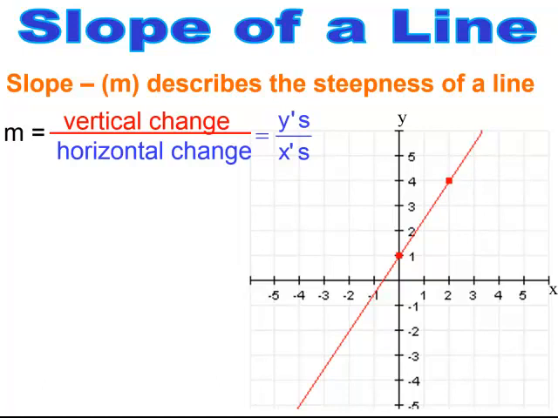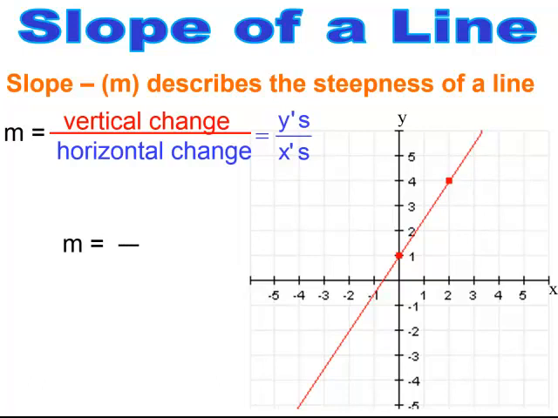When you're given a picture of a line, you're going to find two distinct points, and in this case we are given them, and you're going to count how far off horizontally the one point is to the other, and how far off vertically the one point is from the other.